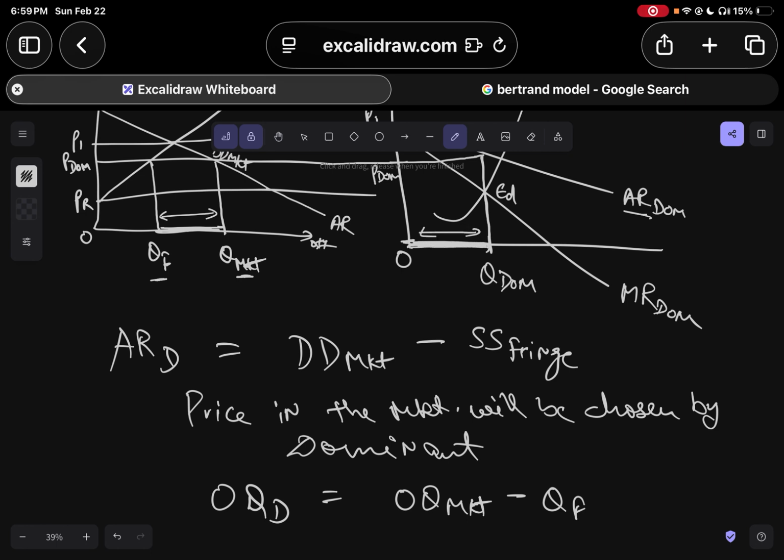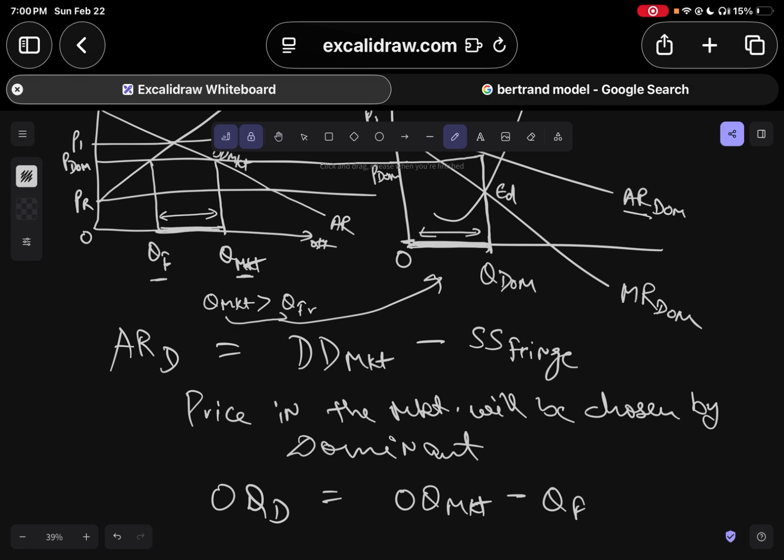Why? Because even though market demand is more than quantity supplied by fringe firms, the rest of the gap will be covered by the dominant firm.